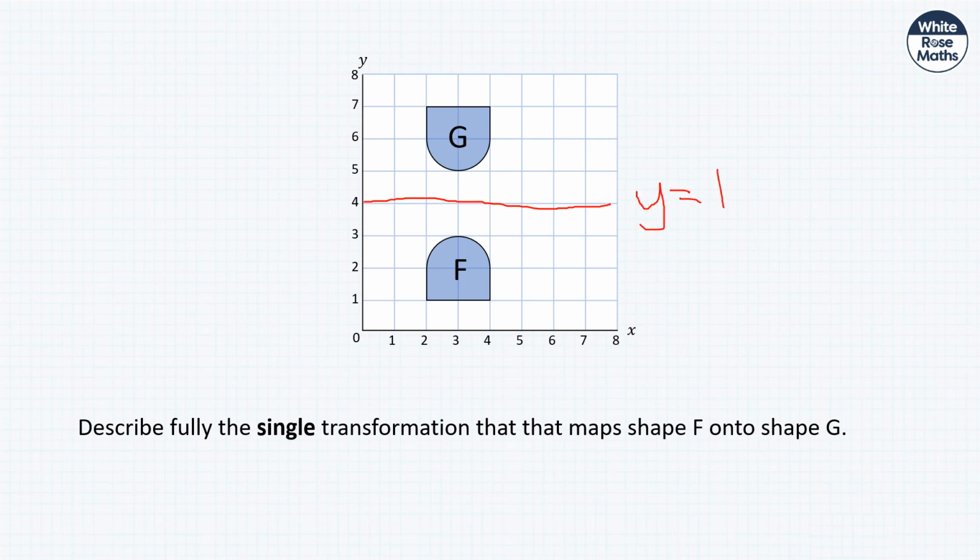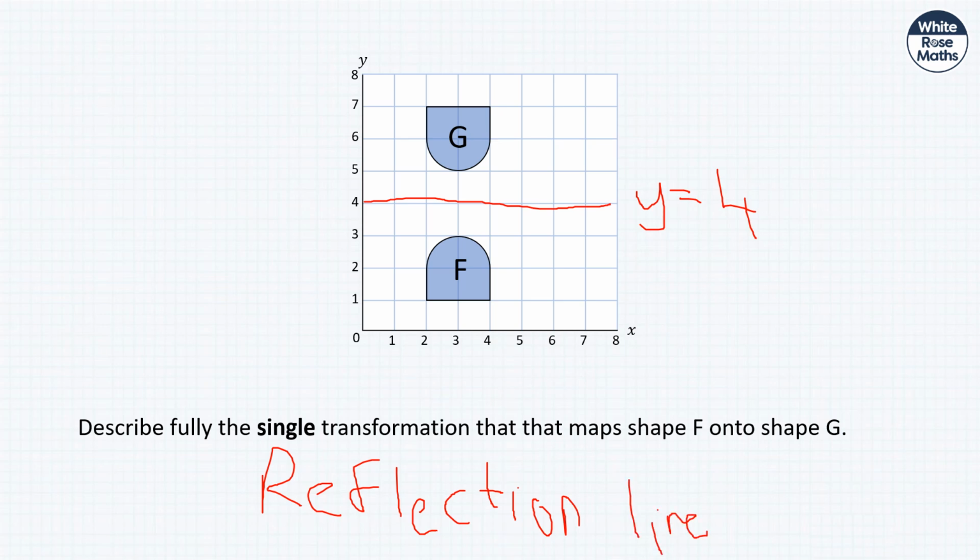So it's a reflection in the line y is equal to 4. Sorry about my handwriting, guys. I do apologize. Hopefully it is legible enough for you.